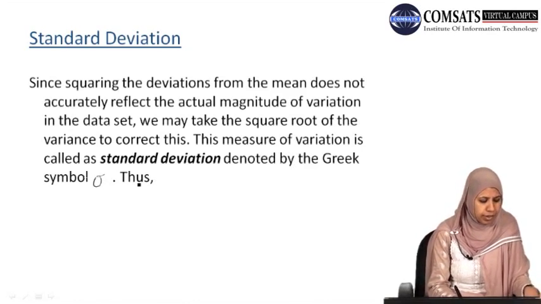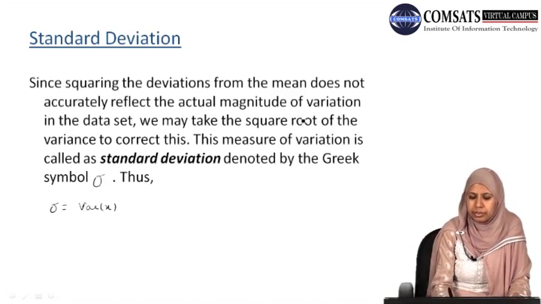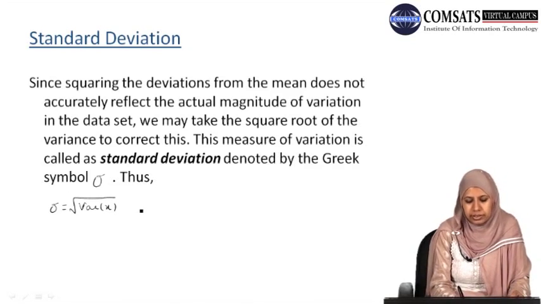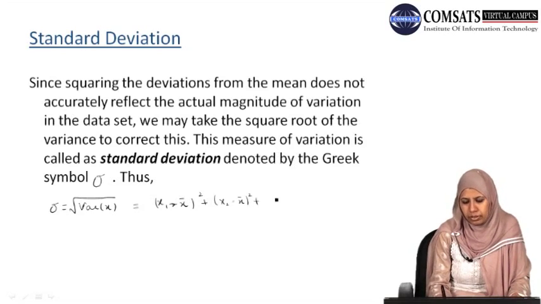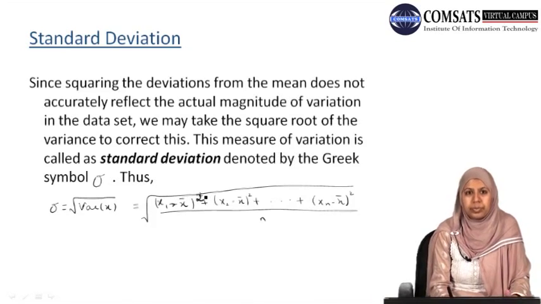And sigma is defined as, what we are saying, we take the square root of our variance, that is the square root of all these squares added up, xn minus x bar squared, divided by n, and the whole taken under the root.